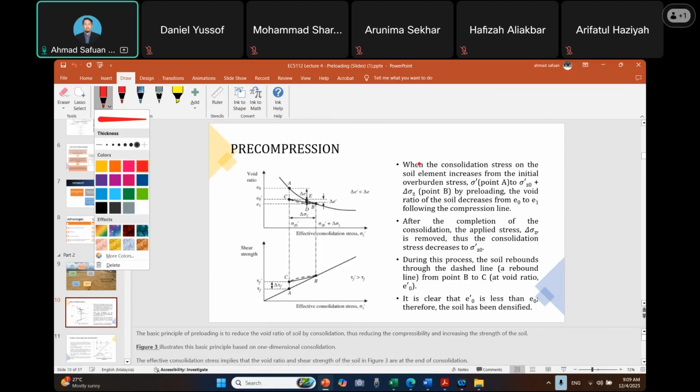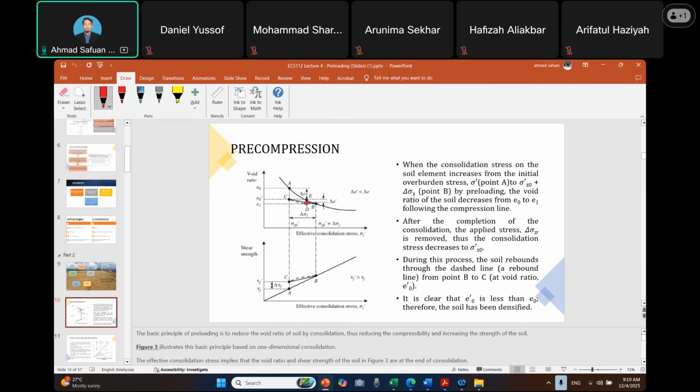When the consolidation stress on the soil element increases from the initial overburden stress, which is the initial stress at the site, point A, we apply the preloading load, which is delta sigma z.